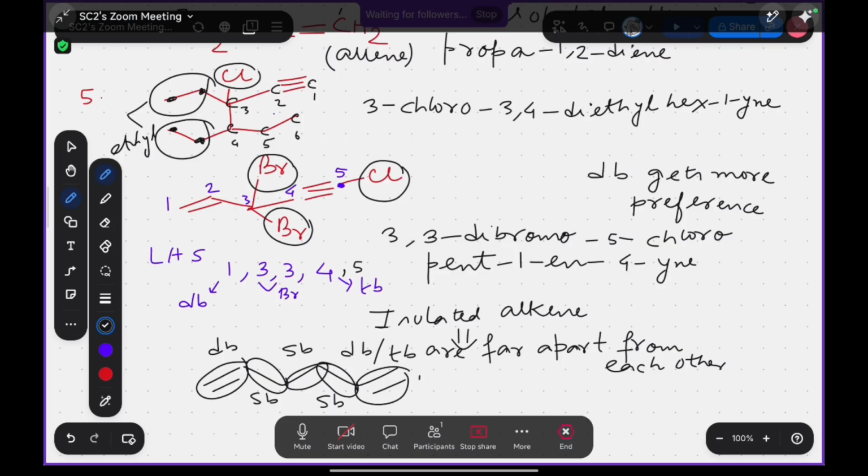And this is the double bond. That means, what is the sequence? Double bond, single bond, again single bond, then single bond, again then we are having double bond. So the 2 double bonds are widely separated from each other, far apart from each other. So that is the meaning of isolated alkene.